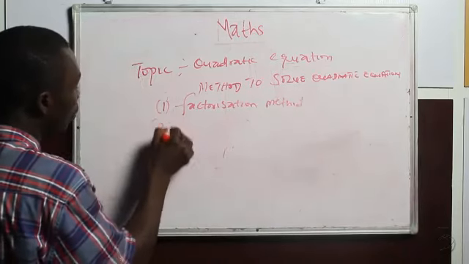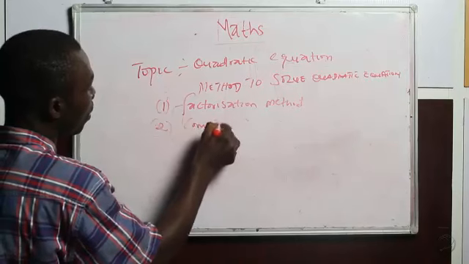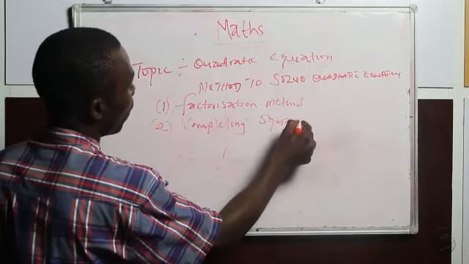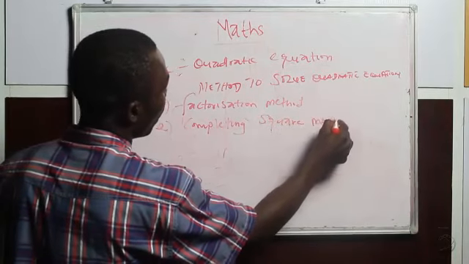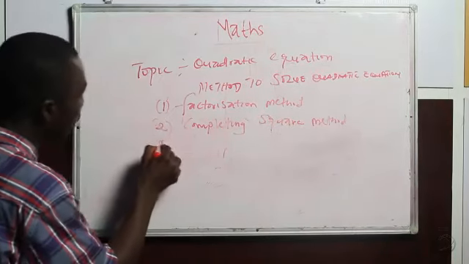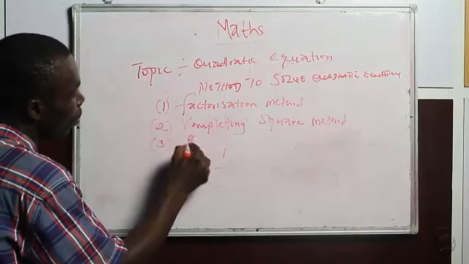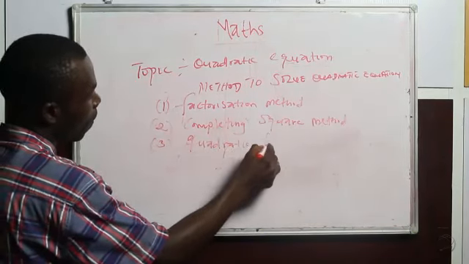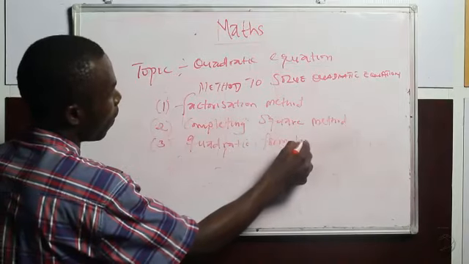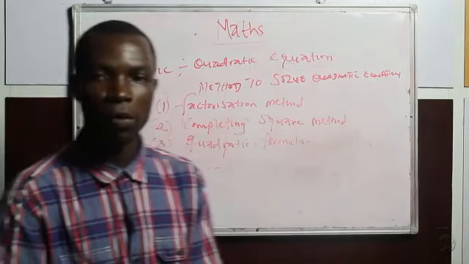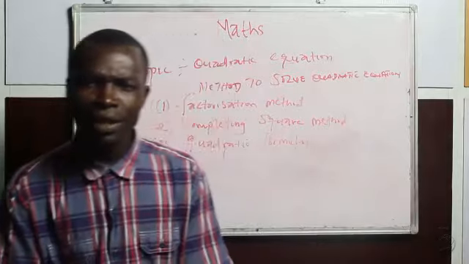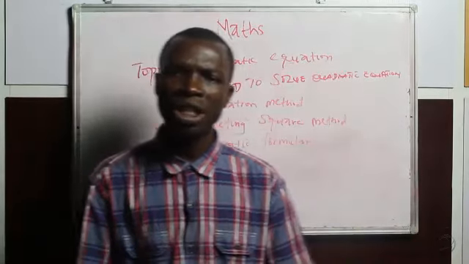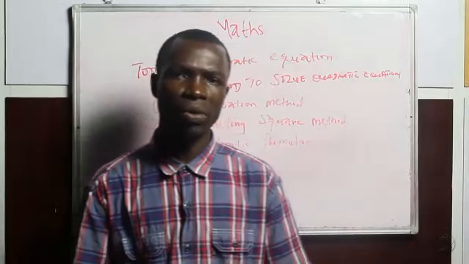We have 2, completing the square method. We have 3, quadratic formula.